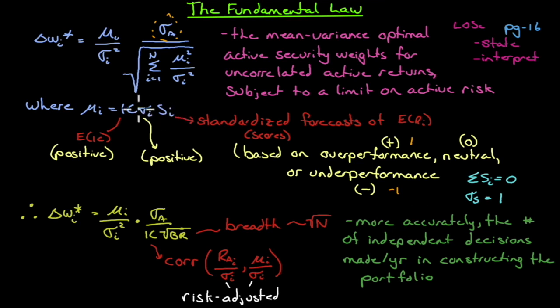So the 1 preserves the positive sign, which means that we're forecasting positive active return, hence overperformance. Otherwise, we wouldn't be forecasting positive active return if we didn't think overperformance, right? Well, if we're forecasting underperformance, since this is positive and this is positive, we need some way to make this negative. We score this as a -1, and it turns that term negative.